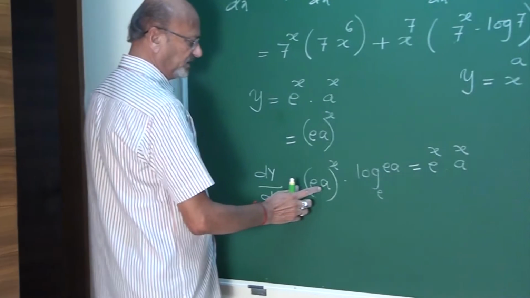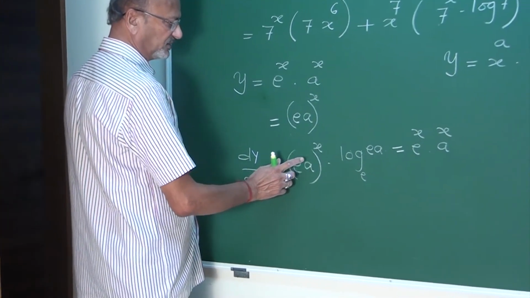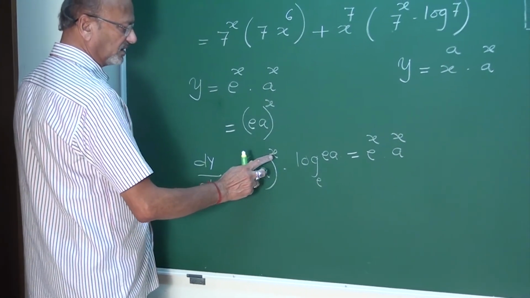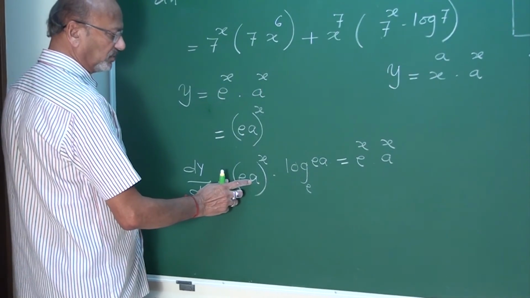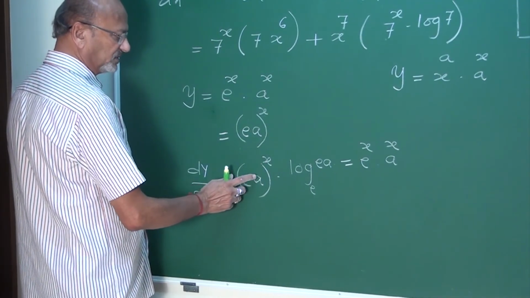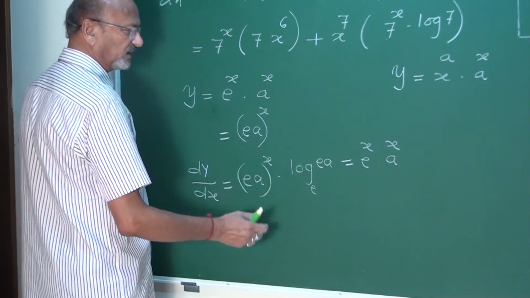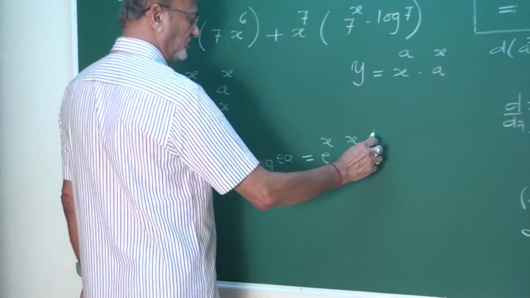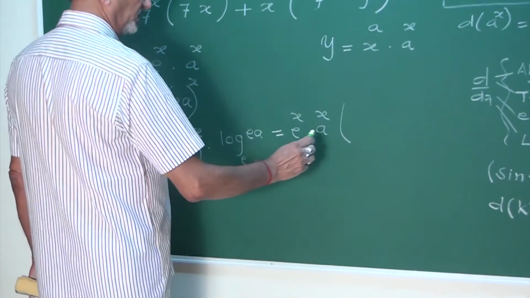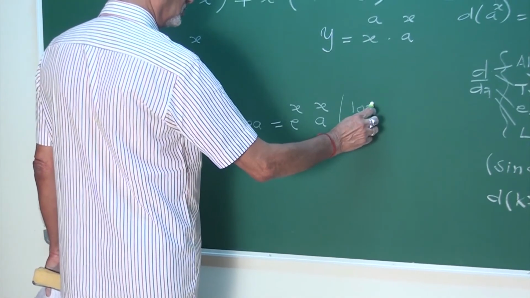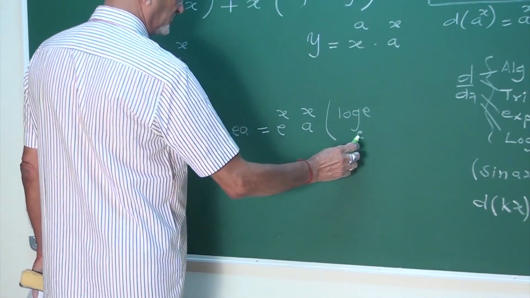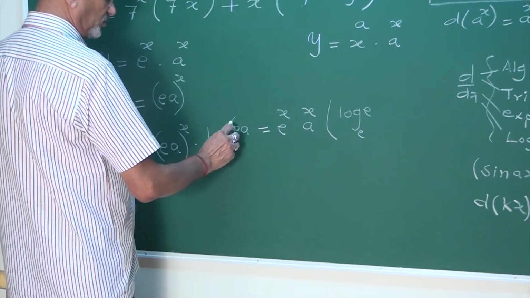This equals e to the power x into a to the power x. This is ea to the power x, once again by laws of indices, a to the power n, b to the power n, e to the power x, e to the power x. Simplify this, my friend. This is into log of ea to the base e. It is a product, my friend.